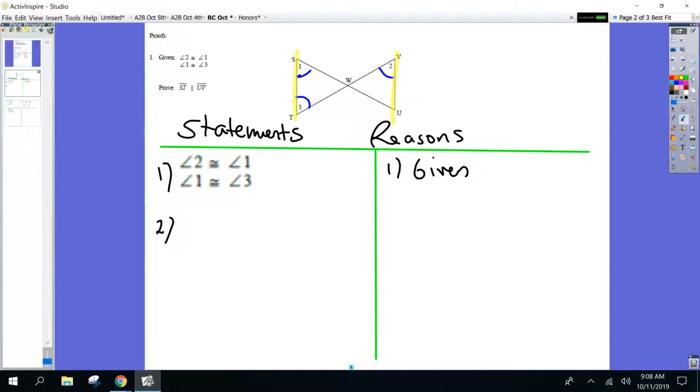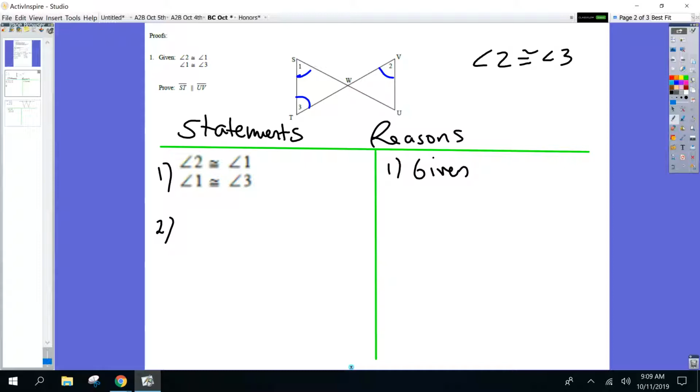And give me another pair then, if we know alternate interior so well. One and what else are alternate interior? Okay. So if I knew those lines were parallel, everyone's in agreement, 2 would be congruent to 3, yes?